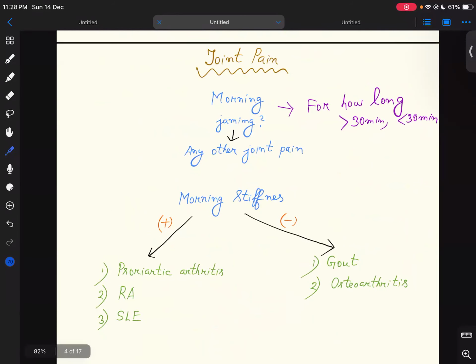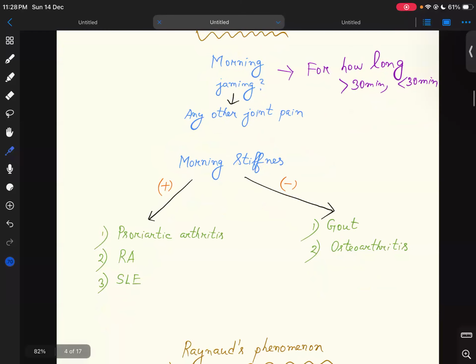Now let me tell you, if the hand pain is due to joint pain, if the patient tells you that yes, my hand pain is due to joint pain, the next question will be, do you have any morning stiffness? If the patient tells you that yes, I am having morning stiffness, the next question will be, for how long? Is it more than 30 minutes or less than 30 minutes? Then we have to ask, is any other joint pain there or not?